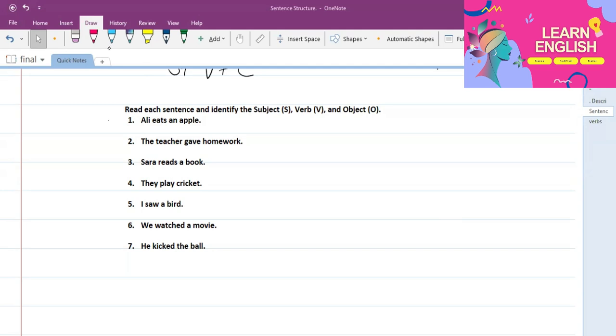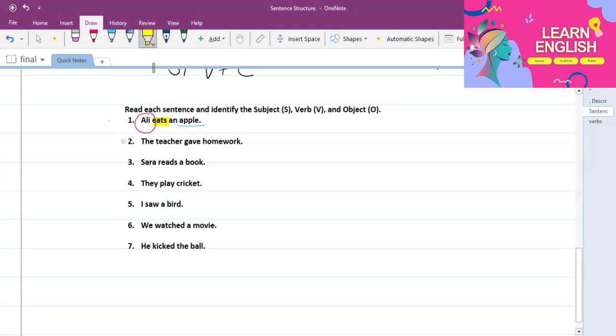Subject is the doer, object is the receiver of an action, and verb is basically an action word. In the sentence, Ali eats an apple, eats is a verb. What is Ali? Ali is the subject. And an apple is an object.